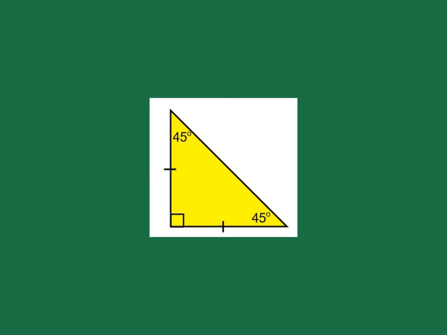If I assign the length of the two equal sides to 1 unit each, then using the Pythagorean theorem, c squared equals 1 squared plus 1 squared, or c squared equals 2, meaning that c equals root 2. So I have a 45, 45, 90 triangle with sides of 1, 1, and root 2.